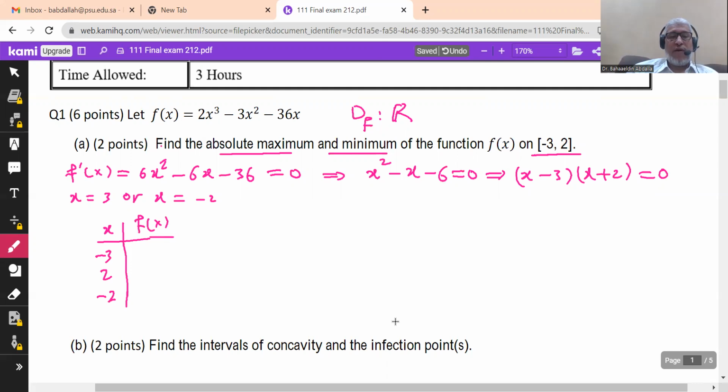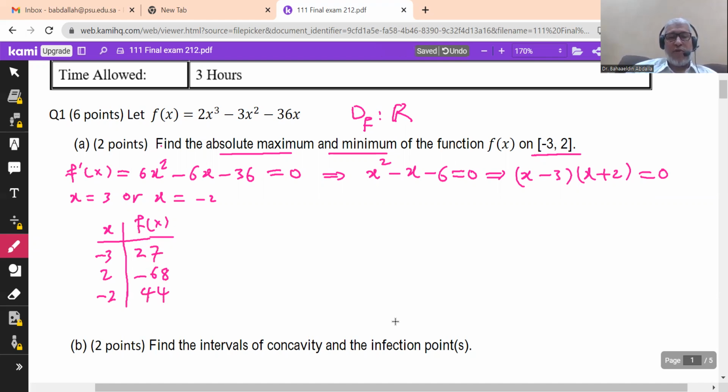And now we find f of x. We replace x here by -3. So we use the calculator: 2 times (-3) to the power 3 minus 3 times (-3) to the power 2 minus 36 times (-3). And we will find that the answer is 27, while f of 2 would be -68, and f of -2 is 44.